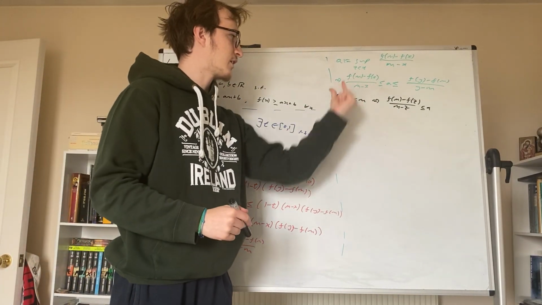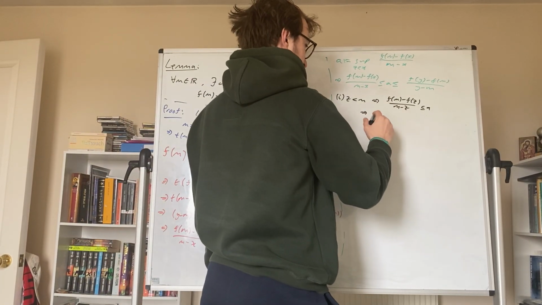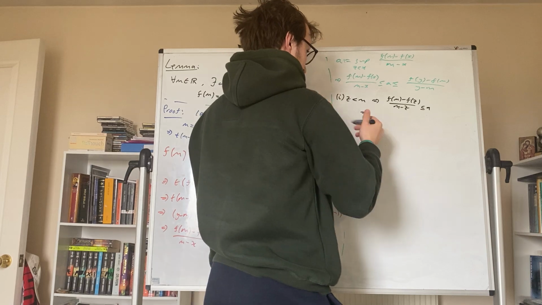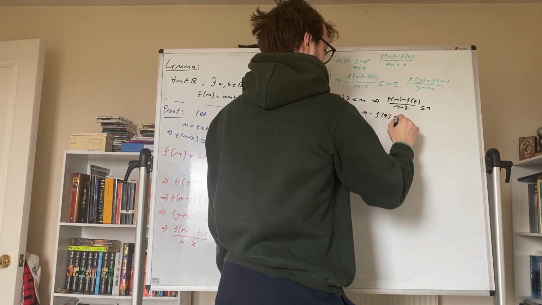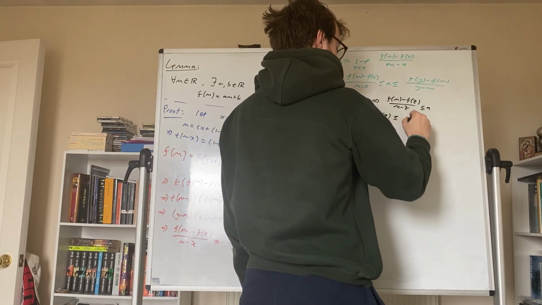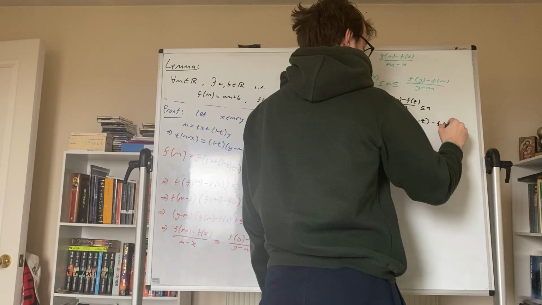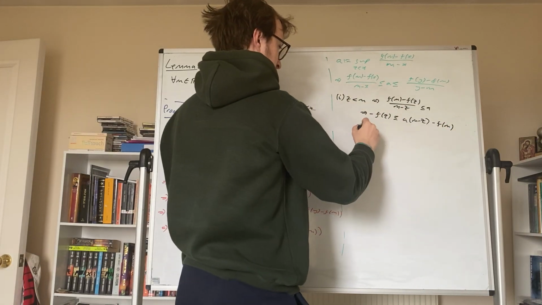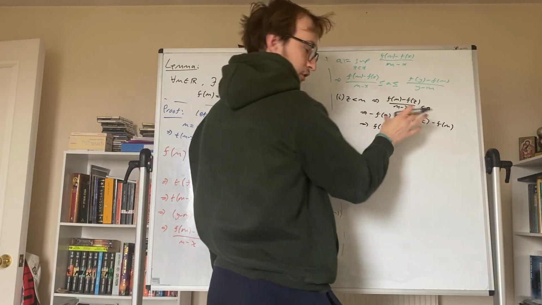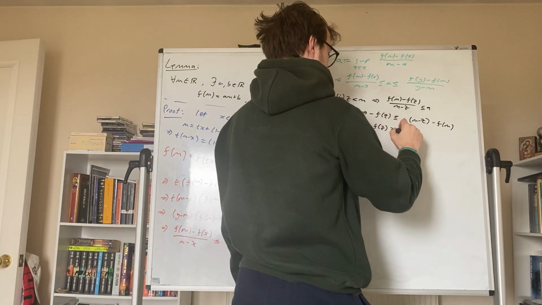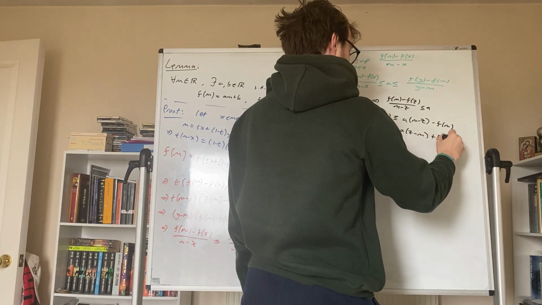And if we rearrange this, we just get that minus f(z) is less than or equal to a times (m − z) minus f(m). And this implies that f(z) is greater than or equal to, just flipping the sign here, a times (z − m) plus f(m).